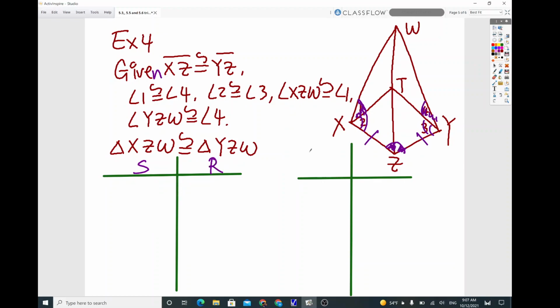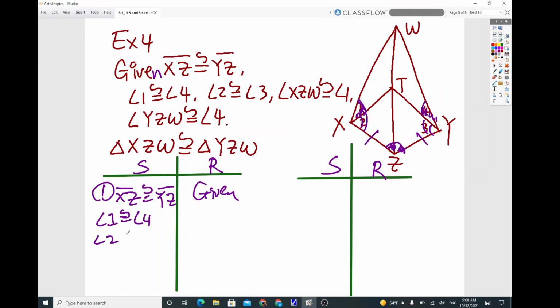So statements and reasons. Start out with the given as always. So segment XZ is congruent to segment YZ. And one thing that we notice, angle 1 is congruent to angle 4, angle 2 is congruent to angle 3.